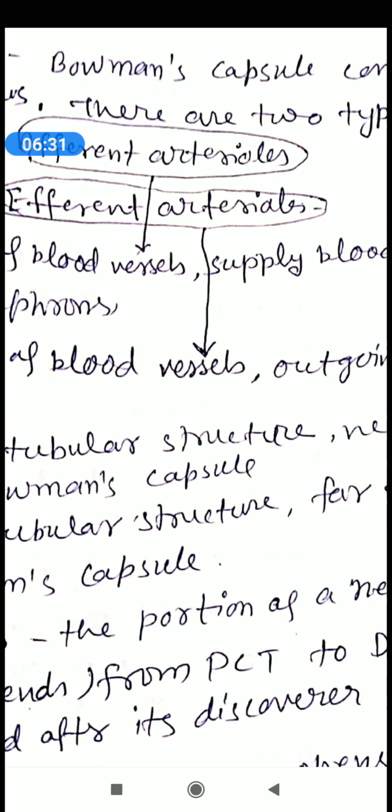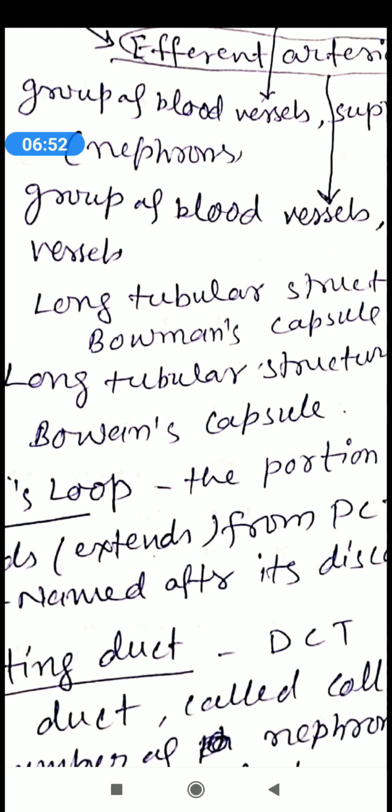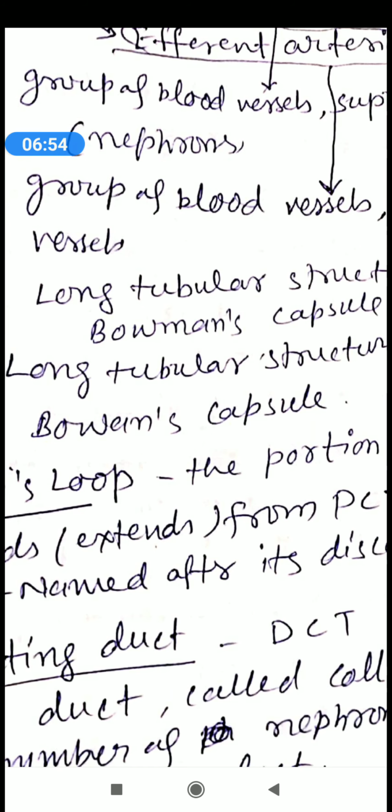Another part of the nephron is Henle's loop, the portion of the nephron that leads from PCT to DCT. Henle's loop is named after its discoverer, Henle.